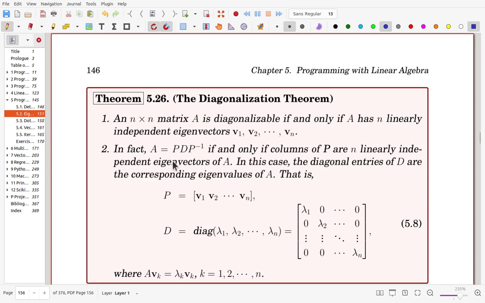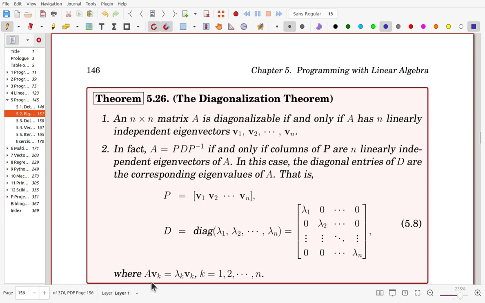In fact, A is written as P D P inverse if and only if the columns of P are n linearly independent eigenvectors of A. In this case, the diagonal entries of D are the corresponding eigenvalues of A. Here we collect the n linearly independent eigenvectors to form the matrix P, and we form a diagonal matrix using the corresponding eigenvalues, lambda 1 to lambda n.